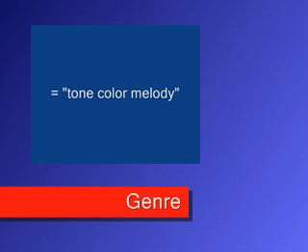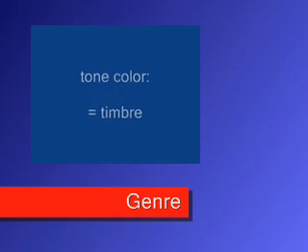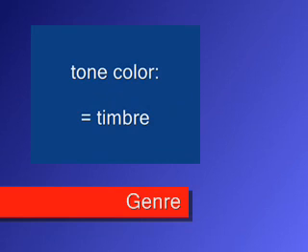Now you already know what a melody is, so let's take a look at what is meant by tone color. Tone color refers to timbre. The two mean exactly the same thing.